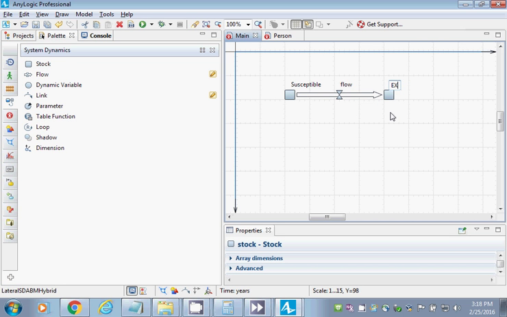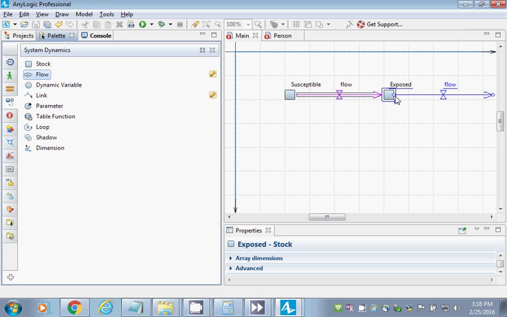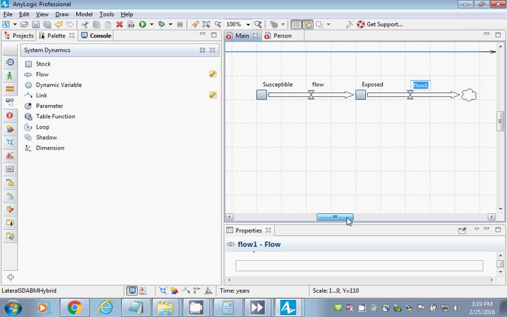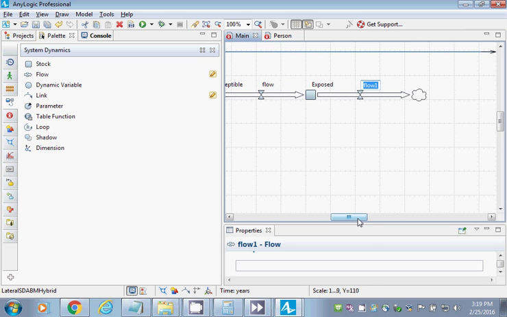And I am going to place in this stock right here, it's going to be infectives to be created as agents. Okay?